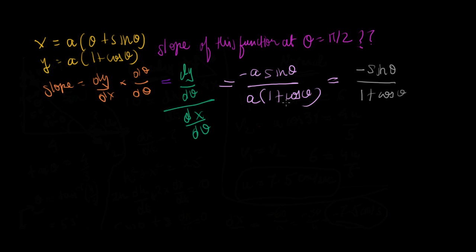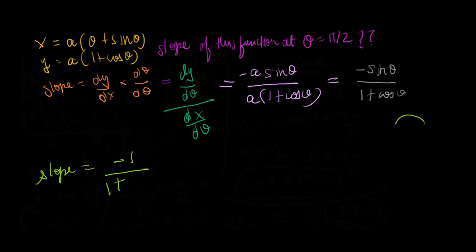Okay, and they are asking us what is the slope at theta equals pi by 2. So we'll just substitute pi by 2 here, and we'll get the answer. The slope simplifies to this, but when you put pi by 2 instead of theta, sine of pi by 2 is 1, right? So there will be negative 1 upon 1 plus cos pi by 2.